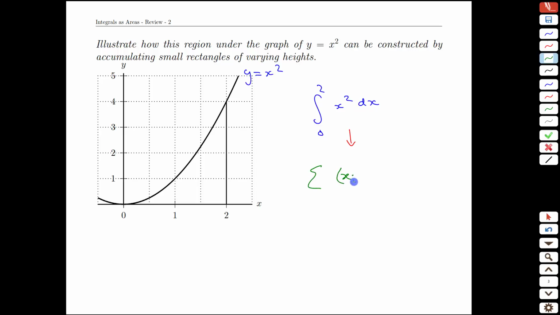I'll put little subscript i's, because what we did is we divided this interval up into subintervals, each labeled with some x value. And we then squared those values, which gave us the heights of rectangles. And we multiplied each of those heights by a width.